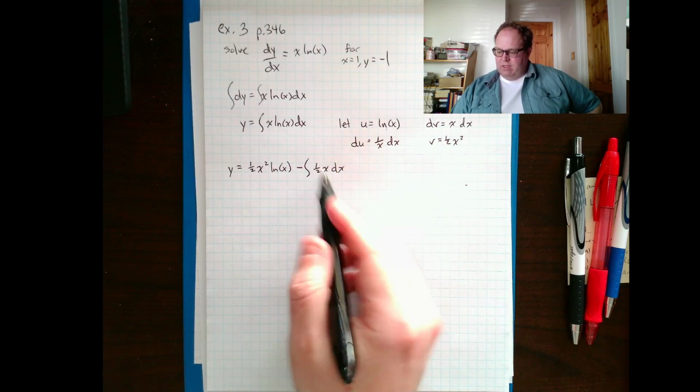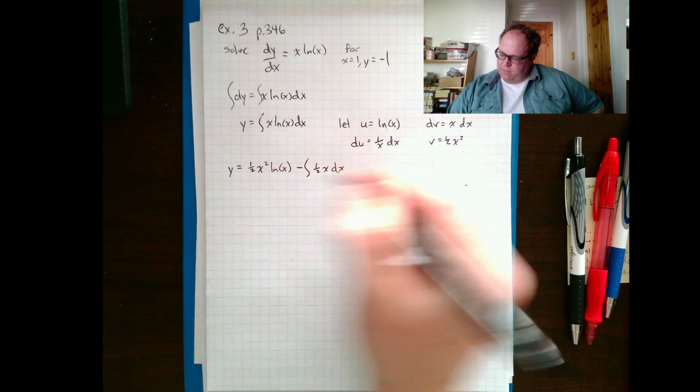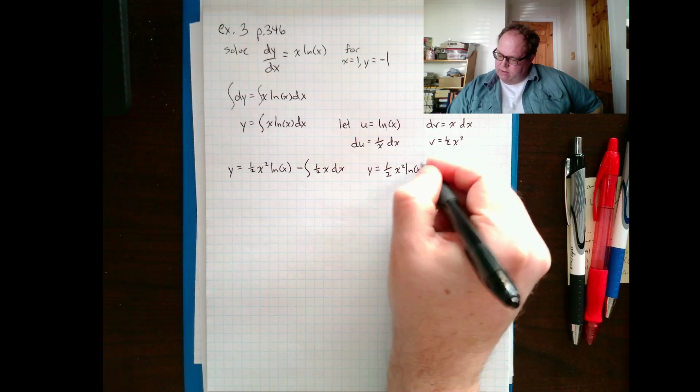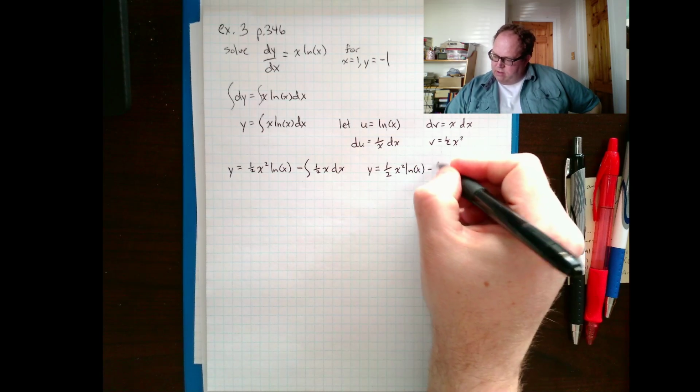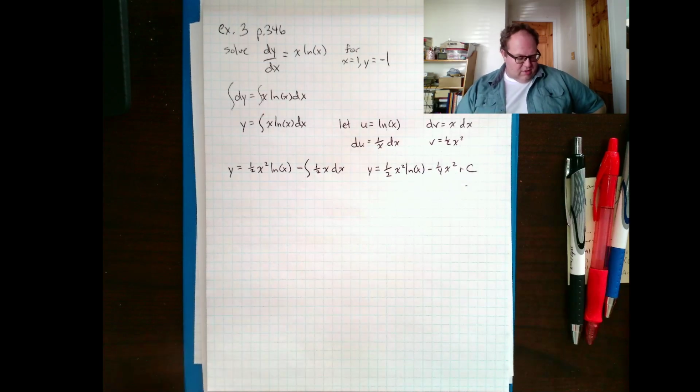And that's much easier to talk about the antiderivative of, and this ends up becoming y equals 1/2 x squared ln x minus 1/4 x squared plus some constant.